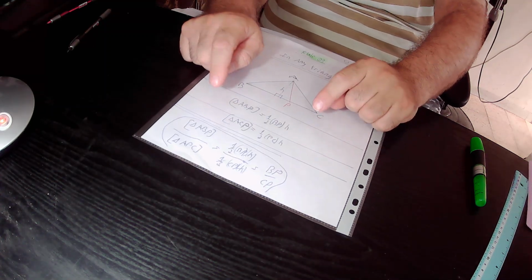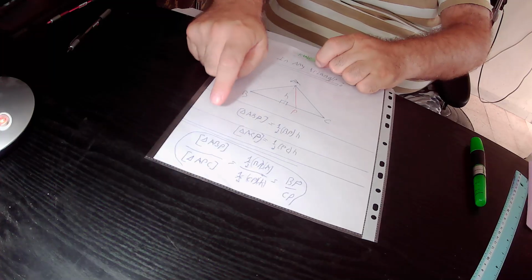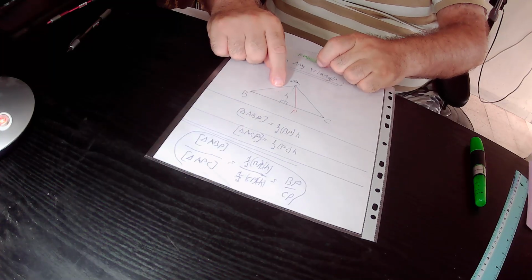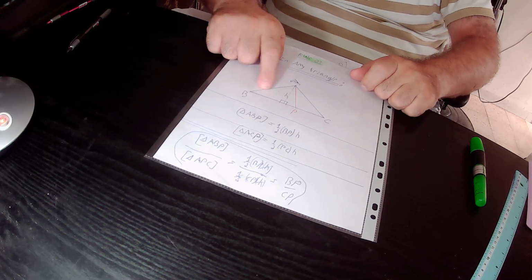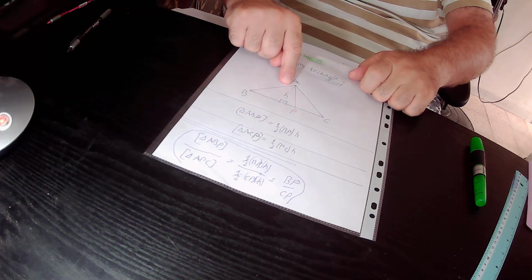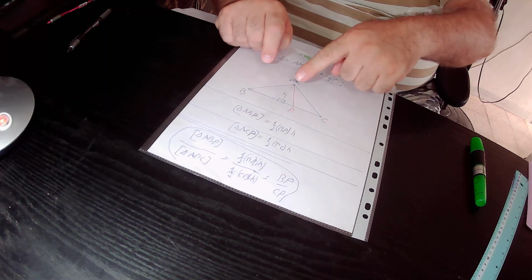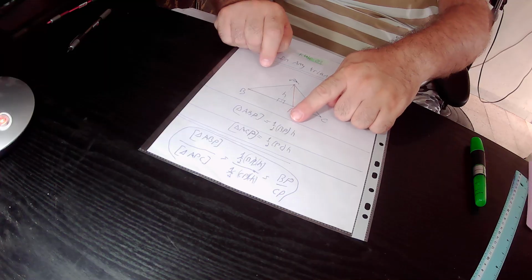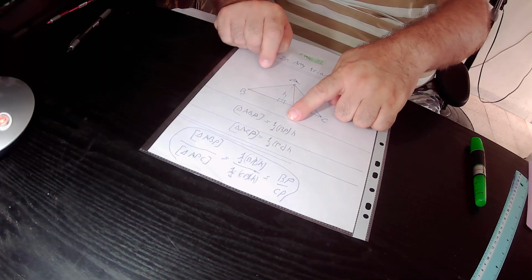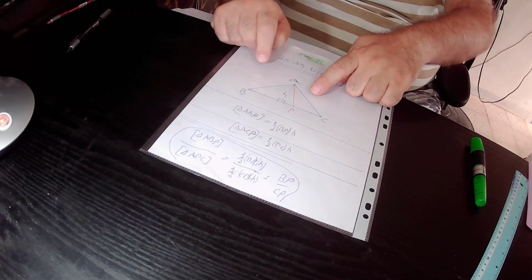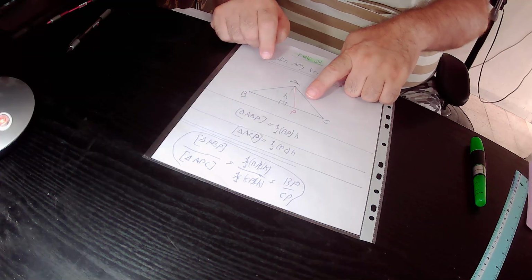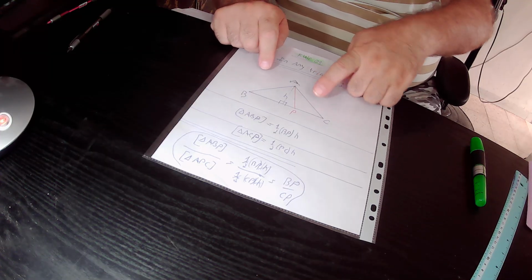Because what is the area of triangle ABP? The area of this triangle ABP equals the base BP times the height h over 2. Likewise, the area of this triangle APC is equal to the base PC times the height h over 2.